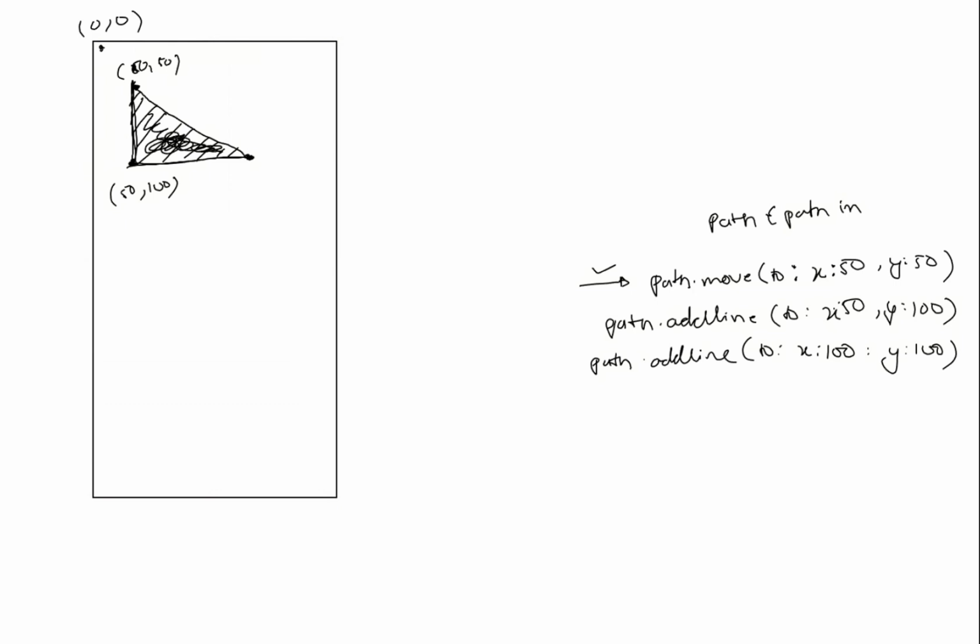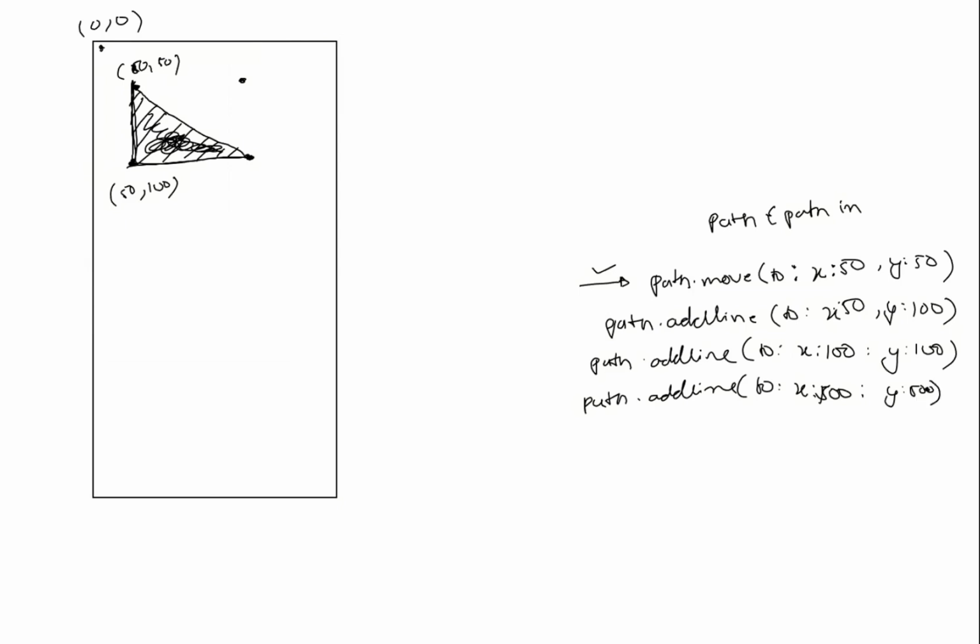To create your whole rectangle, you just have to put another point here, and you write path.addLine(to:). The x-axis is reduced to 50, but the y-axis remains the same.